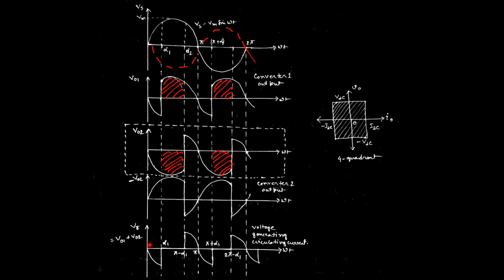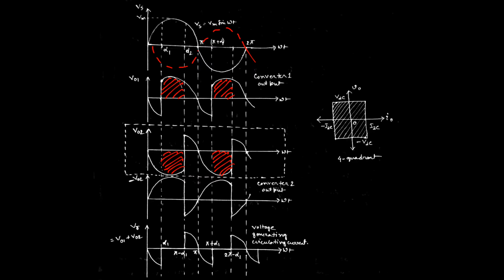See, from this point to this point, there is no instantaneous voltage difference, because we have only one peak, defined by the second converter. But here, it is defined by the first converter. And here we have the result for the two converters. That means we can define the instantaneous voltage difference from pi minus alpha 1 onward. Again, it is repeated from the next cycle onward.